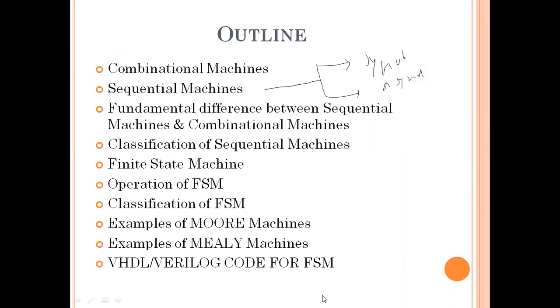No one is able to justify whether the microprocessor or the microcontroller is an FSM or not.